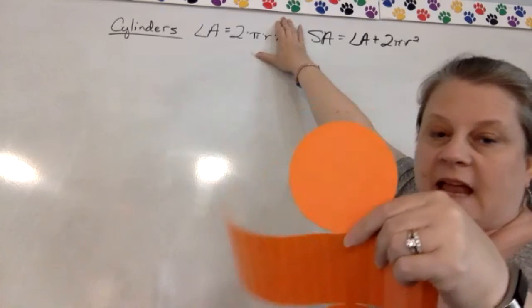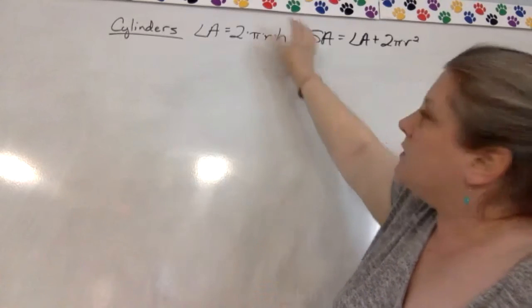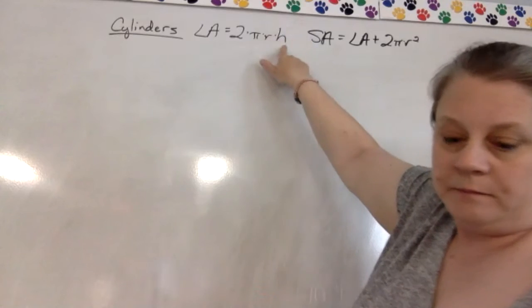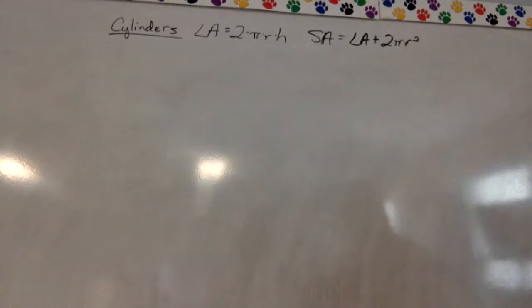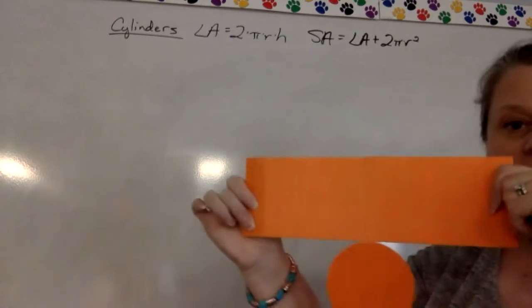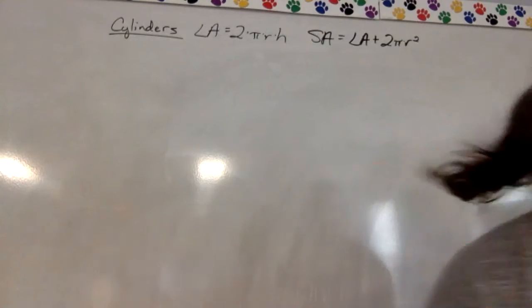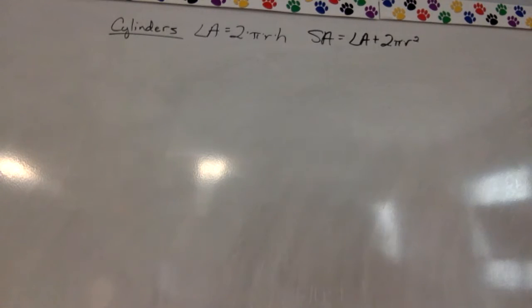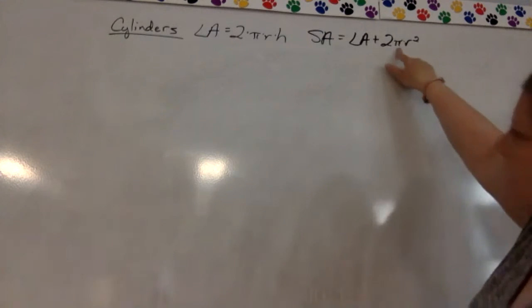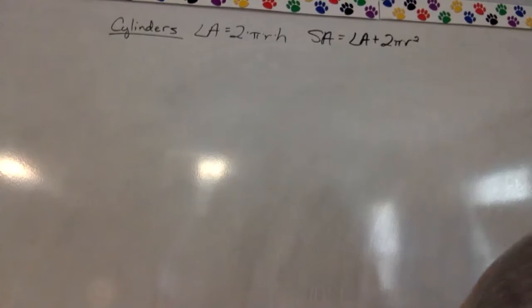It's just the base is a circle. So it's 2 pi r multiplied by the height. And then for the surface area, it takes that rectangle's answer and adds on the 2 circles, where the area of a circle is pi r squared. So that's our 2 formulas for the back side of the worksheet.